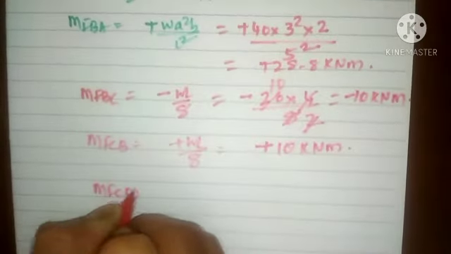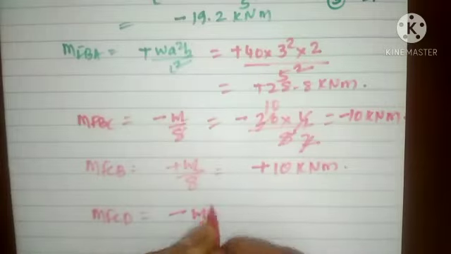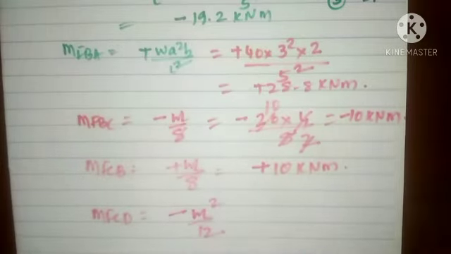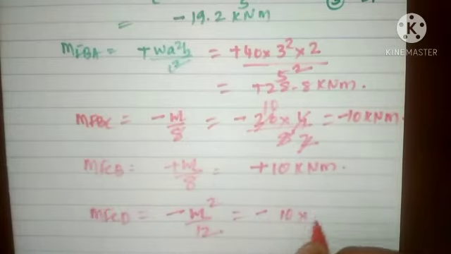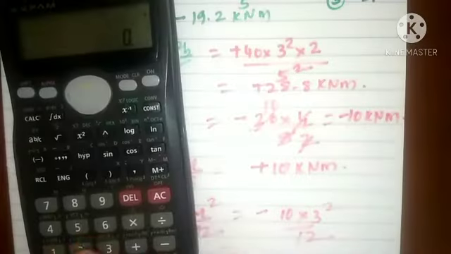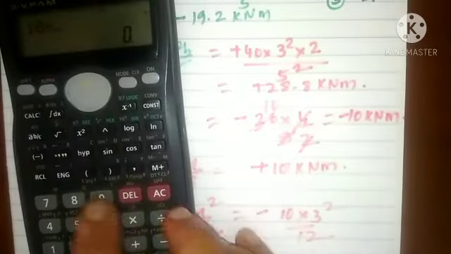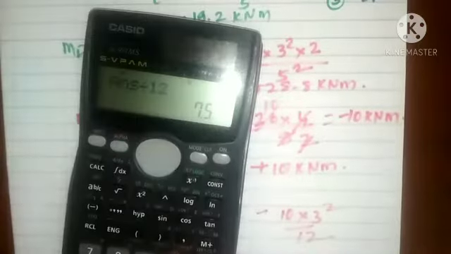Now MFCD. As it is a UDL, the fixed end moment value is minus WL square divided by 12. So minus of 10 into 3 square divided by 12, 3 square will be 9, divided by 12, which comes as 7.5.